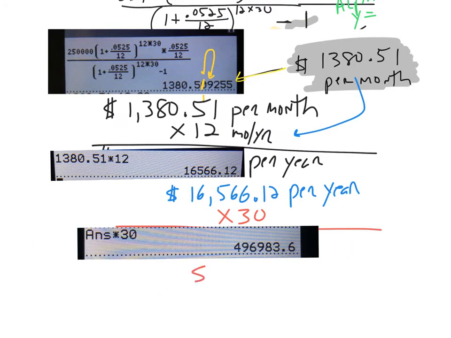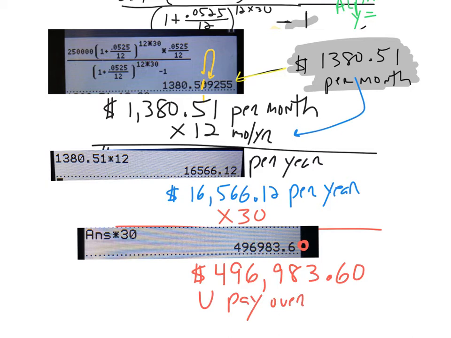So over the 30 years, you're going to be paying the bank back $496,983. And if you go to two decimal places, 60 cents. This is how much you pay over 30 years paying your mortgage.